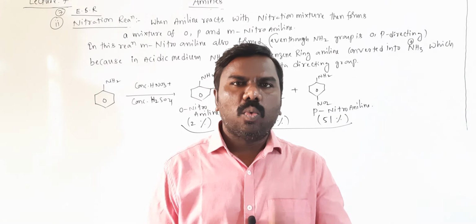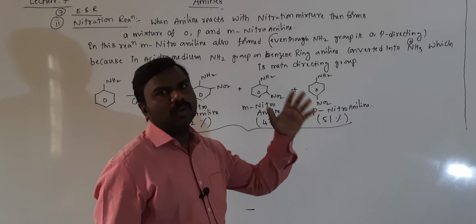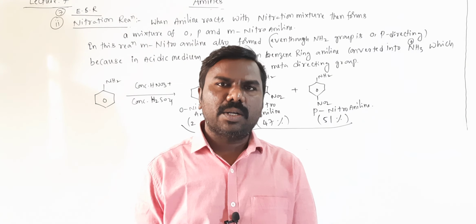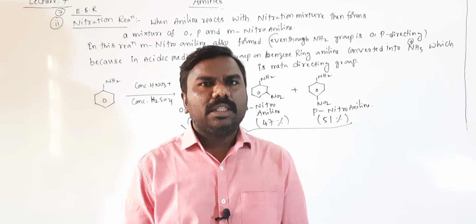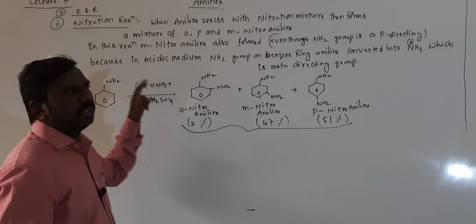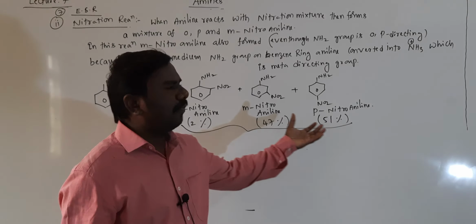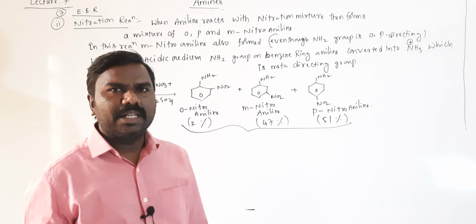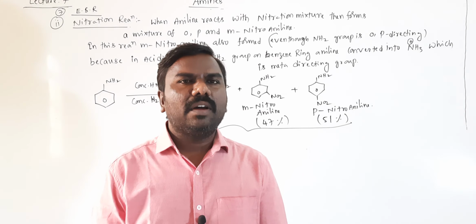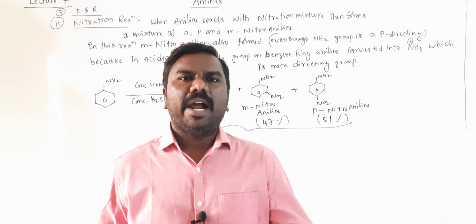We are getting a mixture of nitroanilines: ortho, meta, para. But to get only one nitroaniline, we need to convert the activating effect of NH2 into a deactivating effect by acylation.